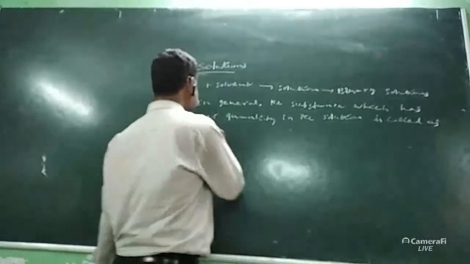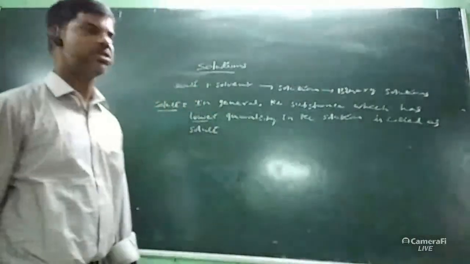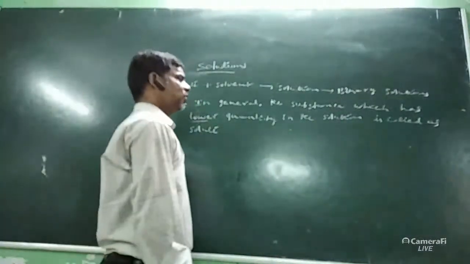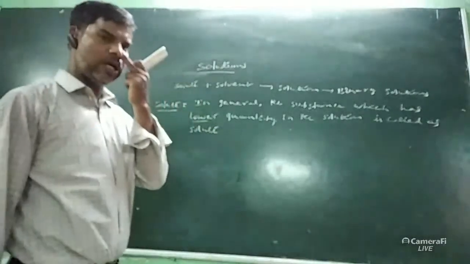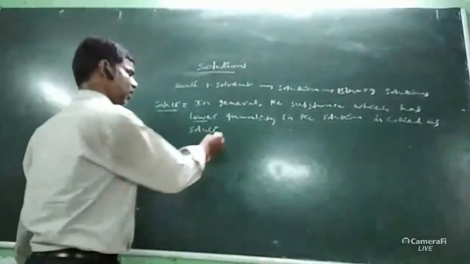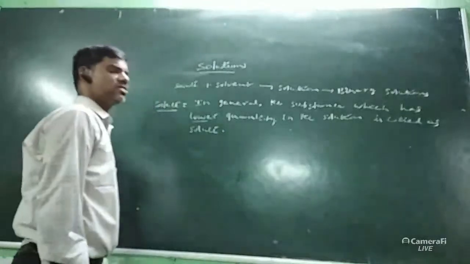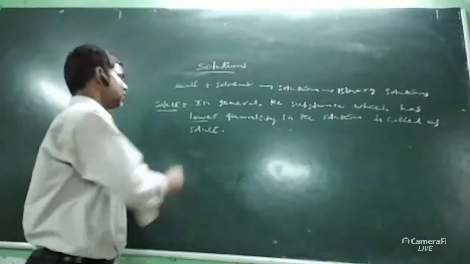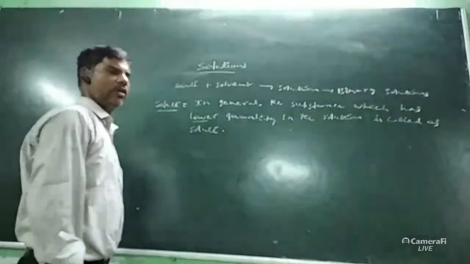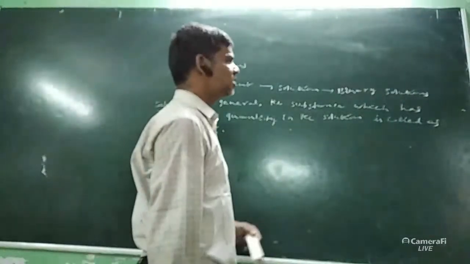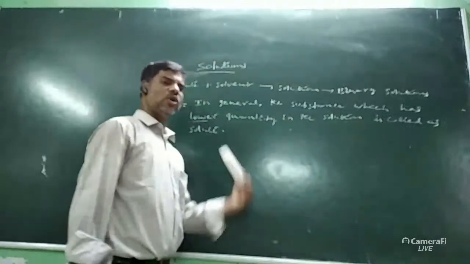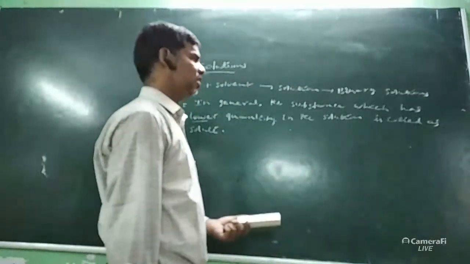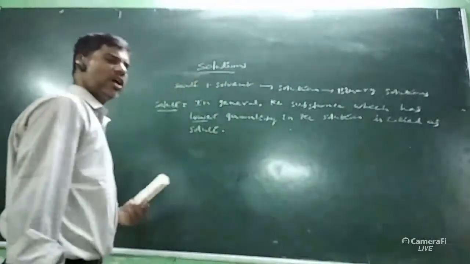The substance which has a lower amount, that we call solute. It is very, very important. So the substance which has lower quantity compared with the solvent, that is nothing but the solute.